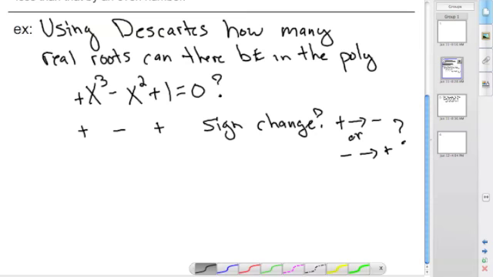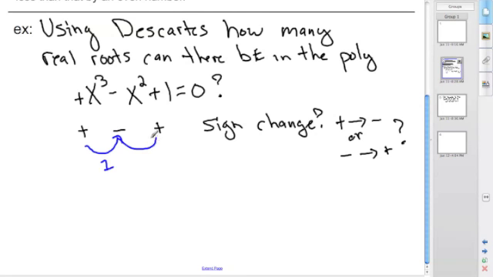So let's see. I have a positive to a negative, so that's 1. I have a negative to a positive, so that's 2. So I have 2 or 0 positive real roots.